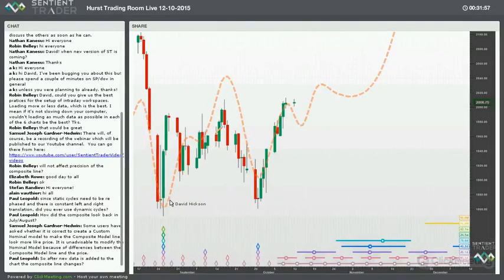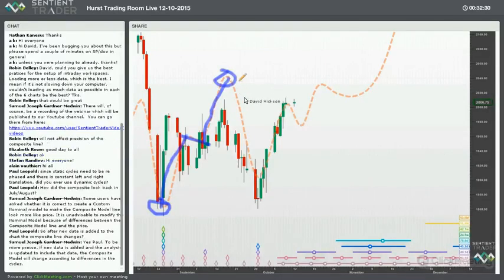And so if we take a look at what this composite line was telling us, it was telling us that during this time period here, the model Sentient Trader has indicated the price should have been rising. Then it should have corrected a little bit downwards, and then it should have risen again to this sort of period over here. And if you take a look at that webinar on the 14th of September, when I first spoke about the composite line, you'll see the composite line was indicating that the price was due to turn down.